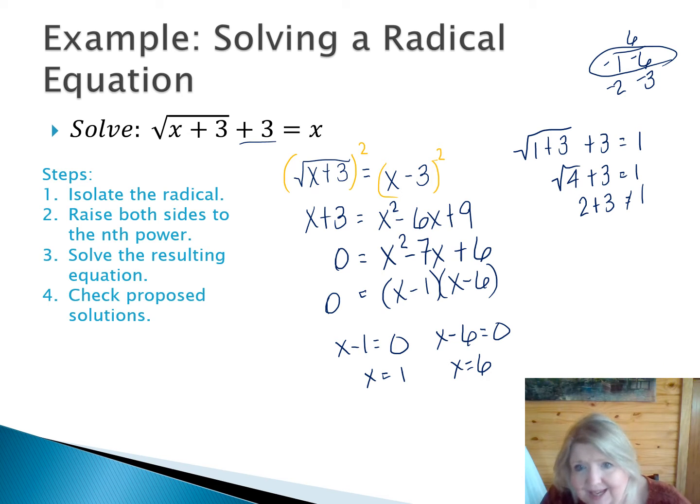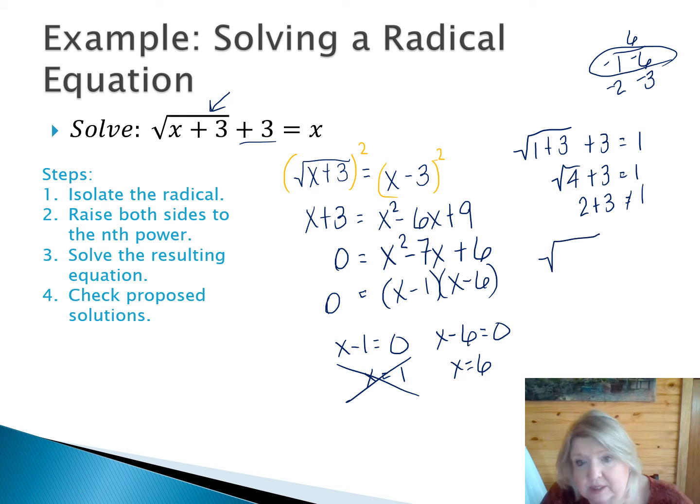If I could take the negative 2, could I force this to work? Yes, but you can't take the negative 2. This symbol, which was part of my problem, says the principal square root, which is positive 2. So this guy does not work, and I throw him out of my answers.